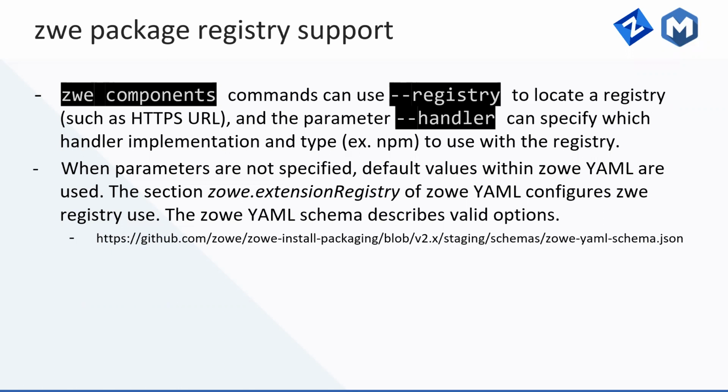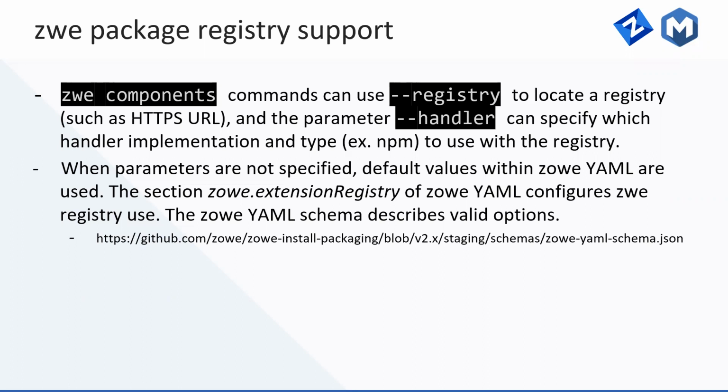Now, if you have multiple registries or you need to switch between them often, every ZWE components command has --registry or --handler parameters, and those can be used to be explicit rather than use whatever defaults you've coded into your config file. So --handler specifies which type of package registry you are working with, such as NPM.